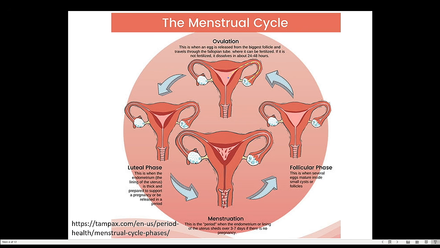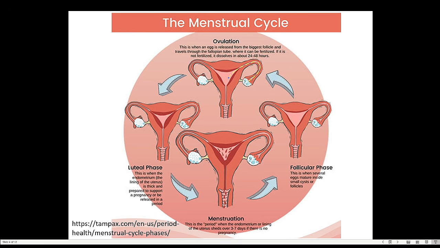However, if not, we go back to the menstrual phase, or menstruation phase, or flow phase. Again, I want to emphasize this is a cycle. As long as fertilization does not occur, it will just keep on going around. Okay?